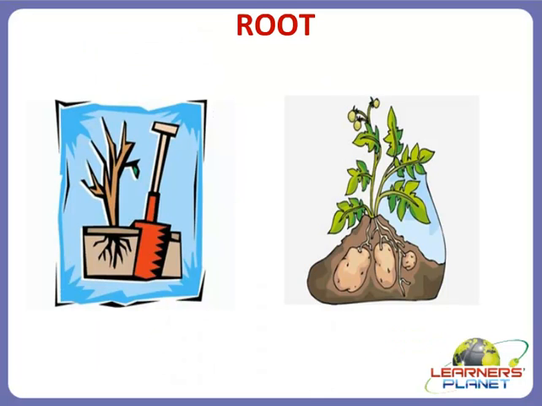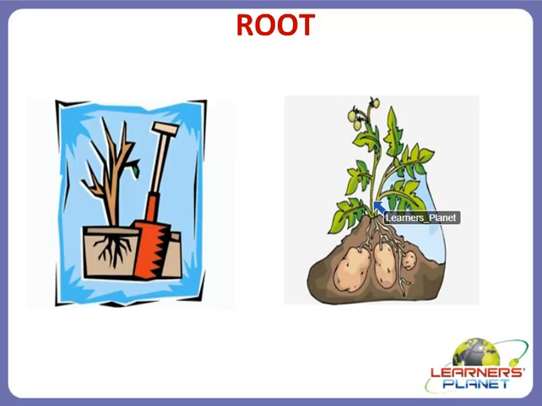Now we will study in detail about root. So children, what is actually a root? Root is the part of the plant that usually grows below the ground. So children, the root is an important part of the plant.